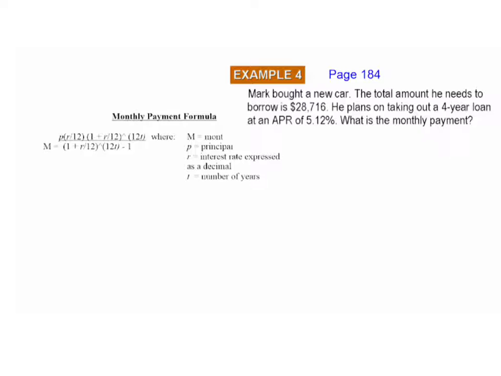So we're going to do some work. P is the amount, so that's $28,716. We're just going to go ahead and write that down first. And R is the rate, which is going to be as a decimal, 0.052. T, the time, is 4 years.